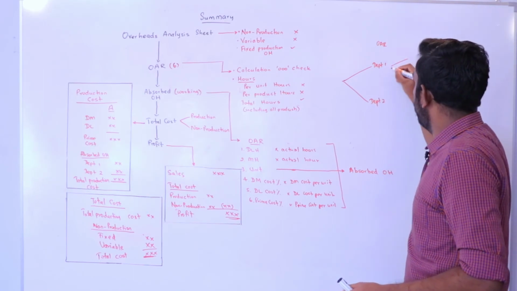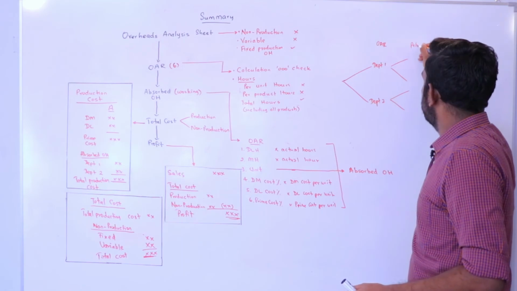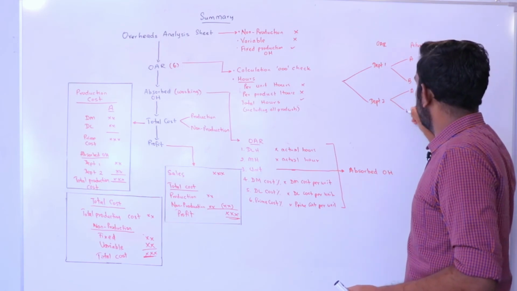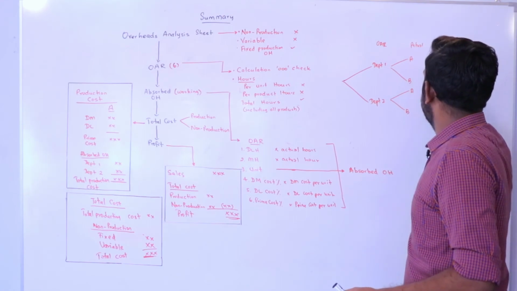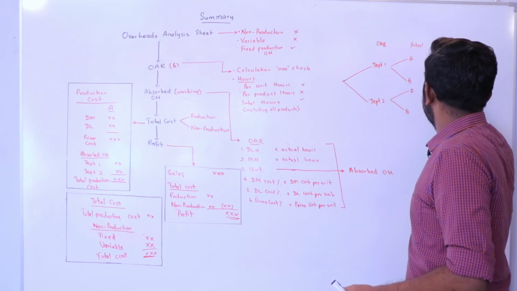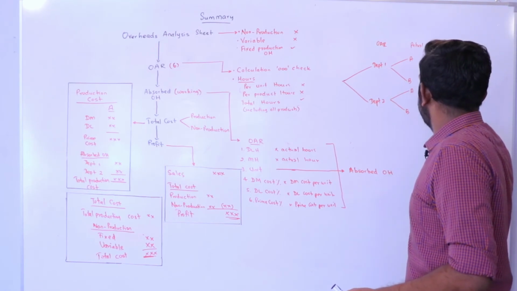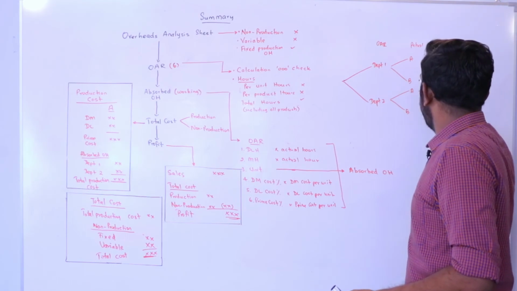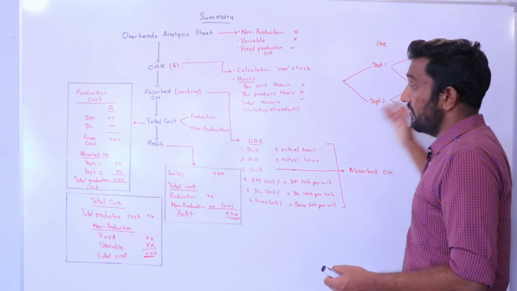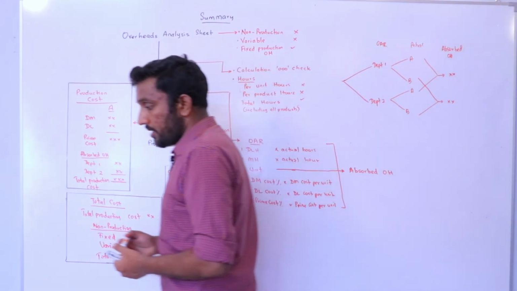Then we have like this. This is actual. Let's say I have two products A and B. Then I'll get absorbed overheads, I can put like this as well. This is for one product and this is for the other product. So this is the working we have to find the absorbed overheads.